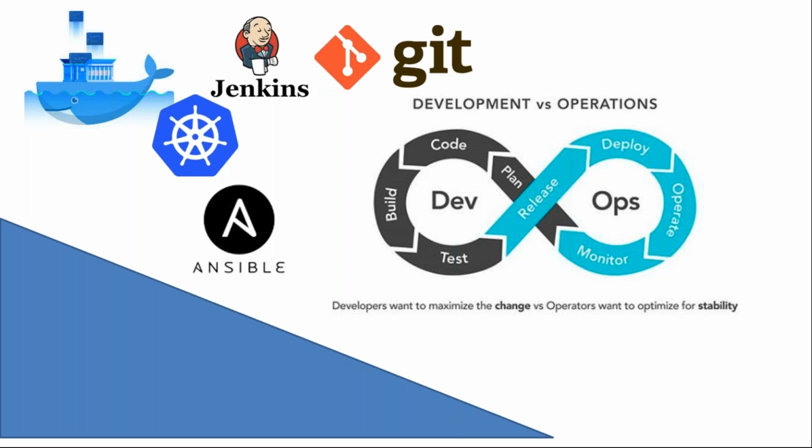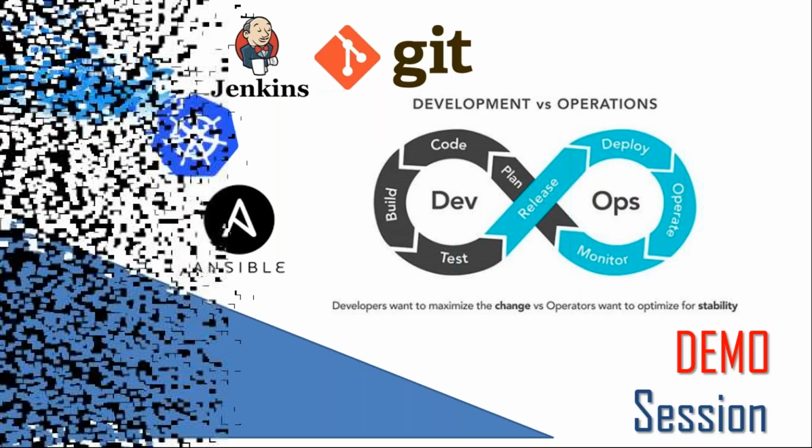In between these two, development and operations come together to form one single team, the DevOps team, and they want to build code, plan, and release. Once it is released, deployed, operated and monitored, the task is repeated, continuously flowing between these two circles. So it is never ending, it is continuous, and that is what the infinity symbol indicates.